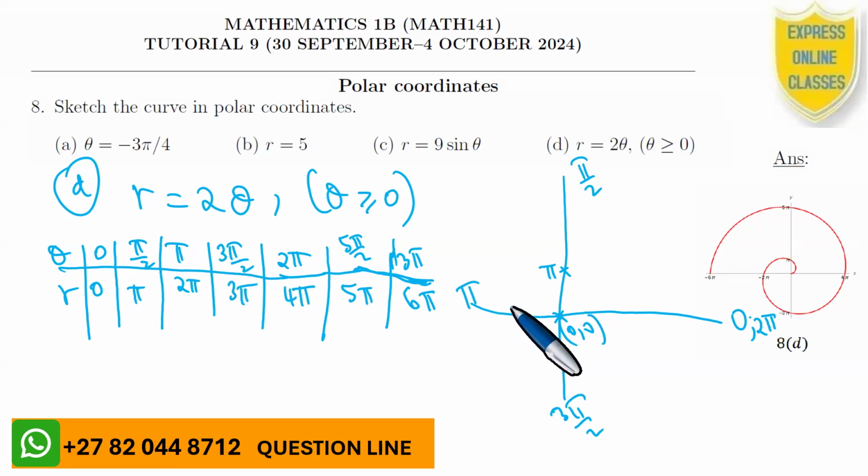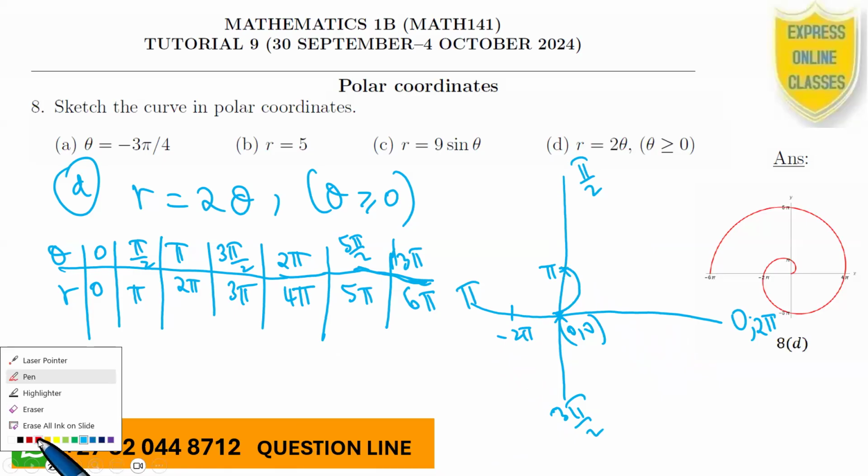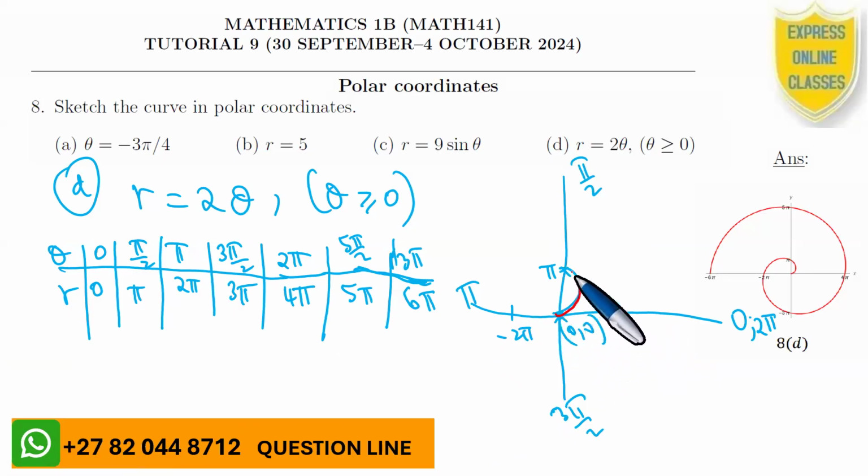If the radius is 2 pi, obviously here you'd have to take minus 2 pi, because 2 pi is going to be a number that is on this side. So this gives us this curve here. At 3 pi over 2 radians, the radius is 3 pi, but you'd have to take negative 3 pi because you're on the negative side.